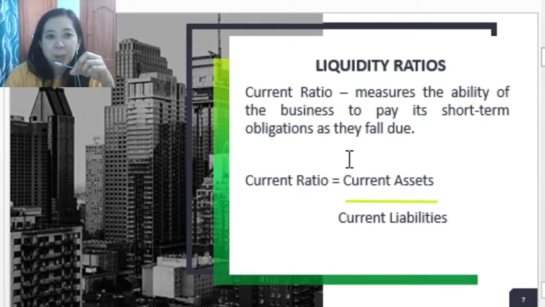The formula for current ratio is current assets divided by current liabilities.